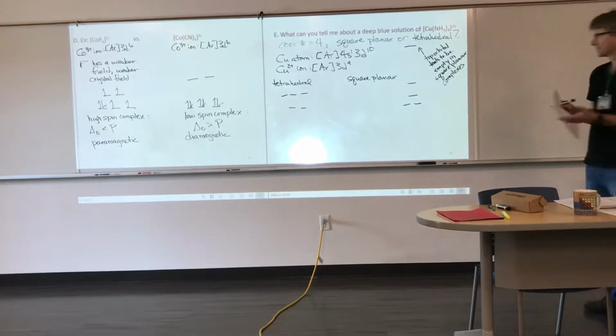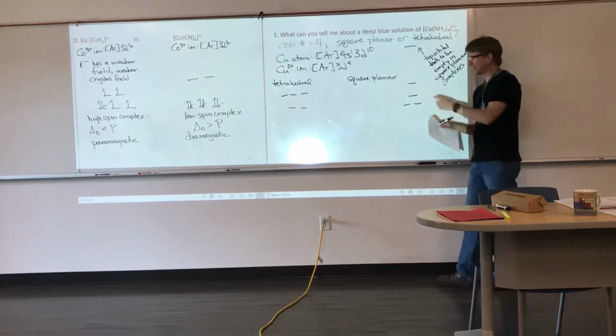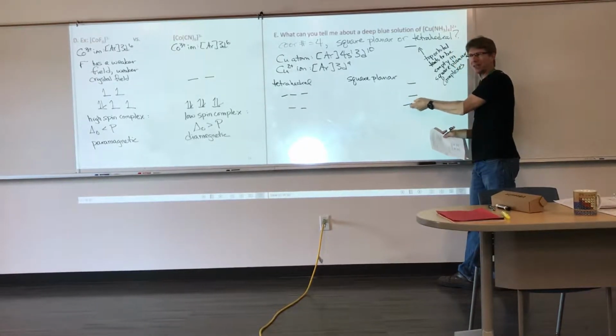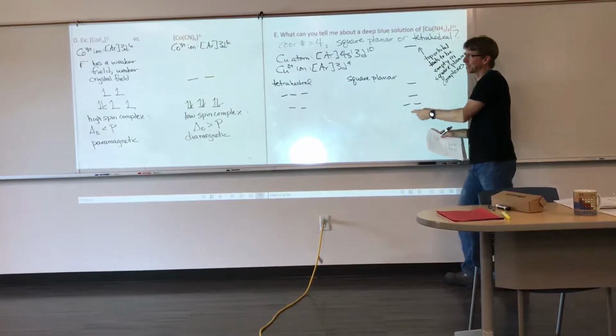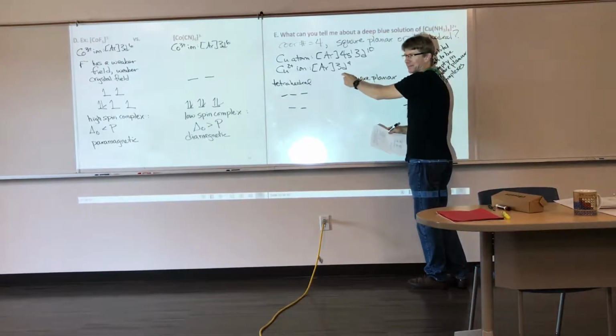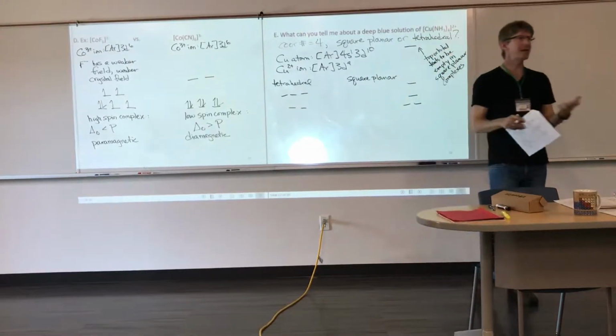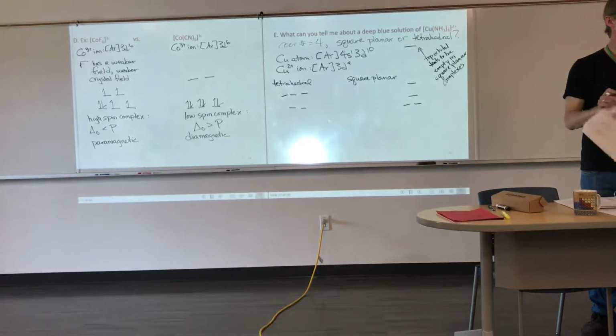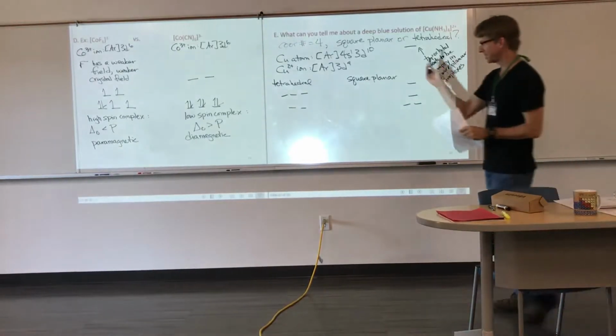On the other hand, if you have 8 electrons, then the 8 electrons are all relatively low in energy. That's why nickel and palladium tend to form square planar complexes. Now 3d9. Are any of the d orbitals completely empty? They can't be, right? All of the d orbitals have to have at least 1 electron. None of the d orbitals are empty.